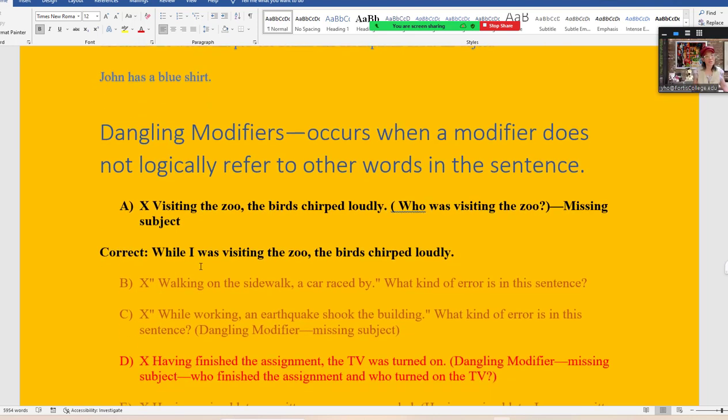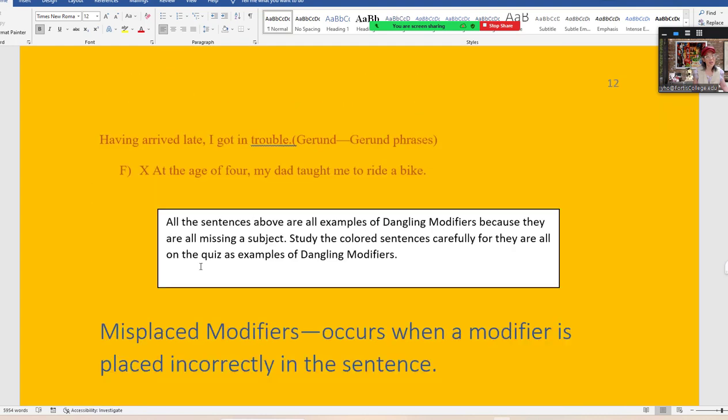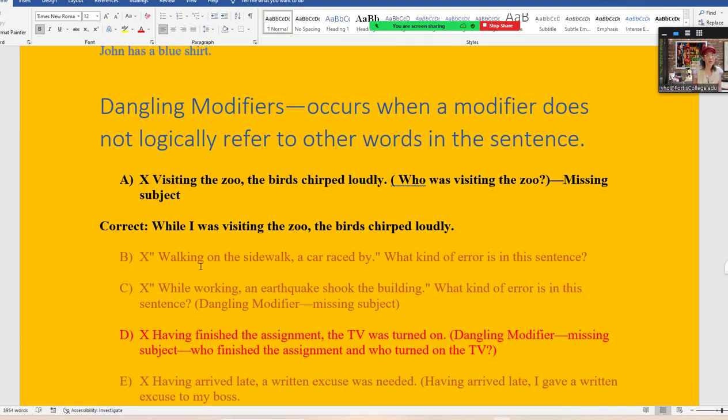So here you have two kinds of wrong sentences. You've got dangling modifiers and misplaced modifiers. A dangling modifier occurs when a modifier does not logically refer to other words in the sentence. So if I say, visiting the zoo, the birds chirped loudly. Did the birds visit the zoo, grow legs and visit the zoo to look at animals in cages?